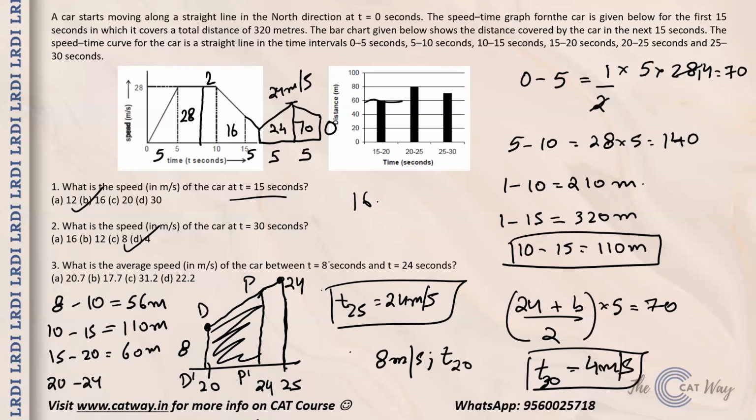So we will only calculate the rise of 16 for 4 by 5 of the time, because the total time is 5 seconds. So only for 4 seconds we will be calculating. That will give us the location of this point, and that is basically 16 into 4, that is 64, and 64 divided by 5 is 12.8, right?